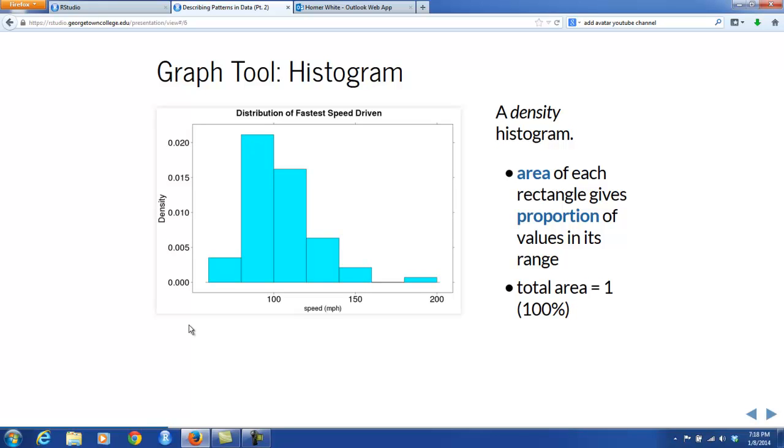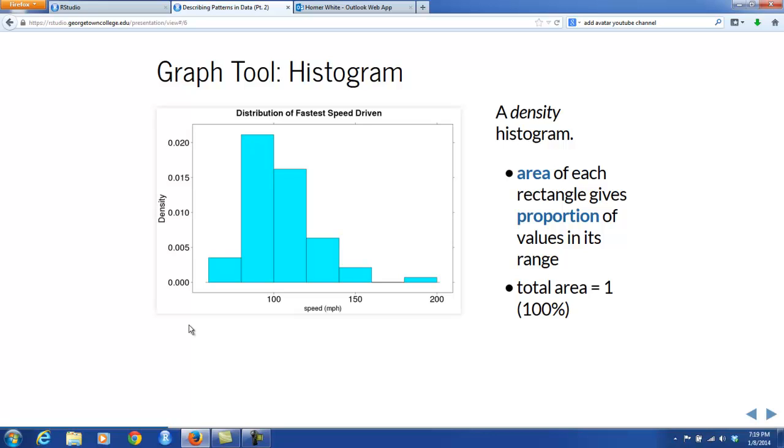The final form of a histogram is a density histogram. And this seems rather complicated, at first glance unnecessarily complicated, but we'll see the great use of these things very soon. Now, in a density histogram, the heights of the rectangles don't tell you anything directly. Rather, it's the areas of the rectangles that are important.